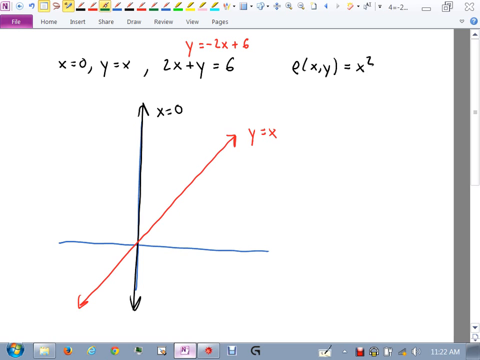So that's going to be up here at 6, down 2 over 2, down 2 over 2, something like that. Not very good. That's better. Everyone agree with that region right here?